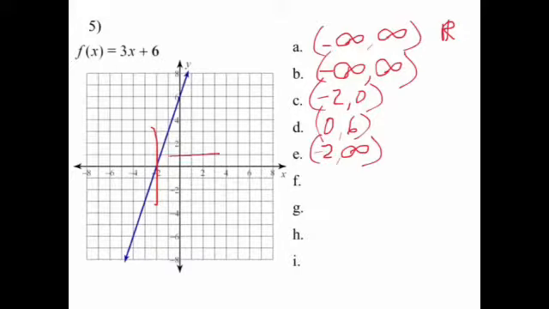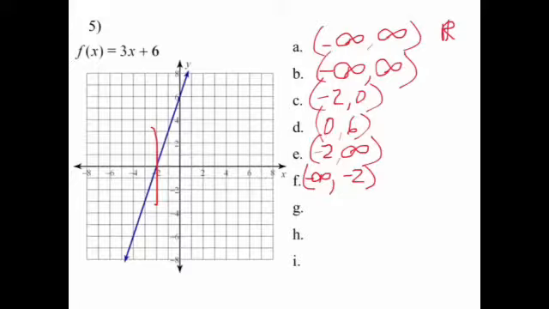If you keep traveling right, your function's always going to be up. But my interval for where it's negative is the other way, negative infinity to negative 2, because if you start at negative infinity and you travel right, once you hit negative 2 is where it stops being negative. So that's my interval of positive and negative.